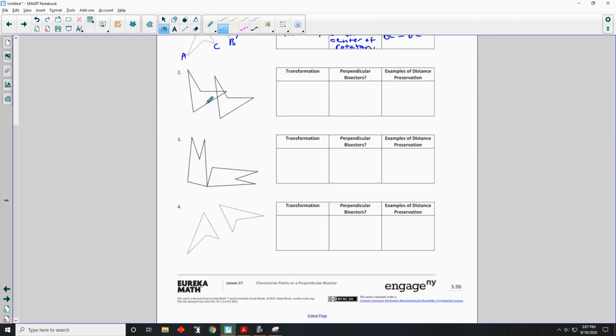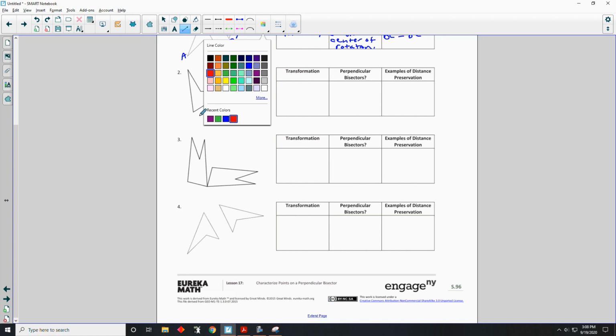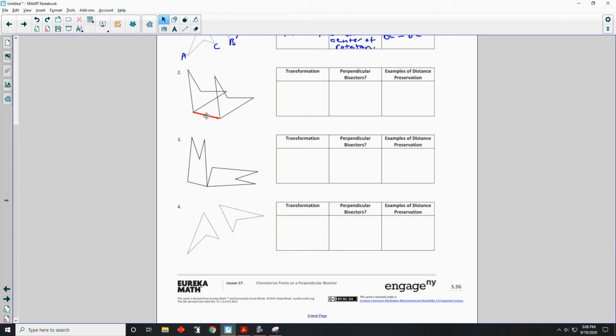Okay, number 2, this is not a rotation. This got moved to here. So let me do a ray, and in this case it'd be called a vector. Let me draw a vector from here to there. Vectors tell us direction and distance.